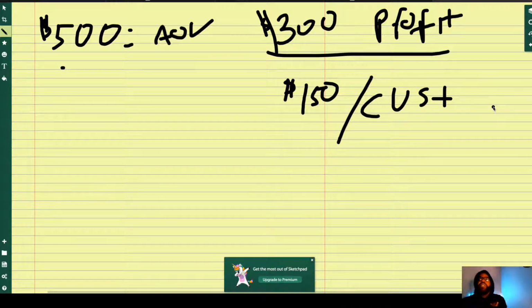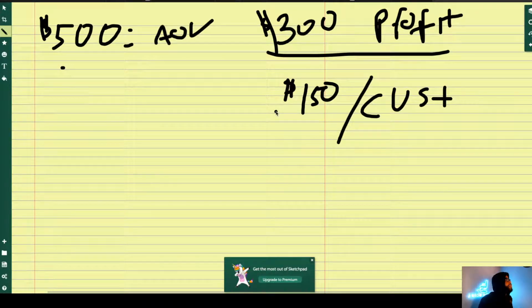Now, we have to reverse engineer how many customers we would like to acquire per day, per week, per month. So, let's say we're trying to just get an additional one new client per week.